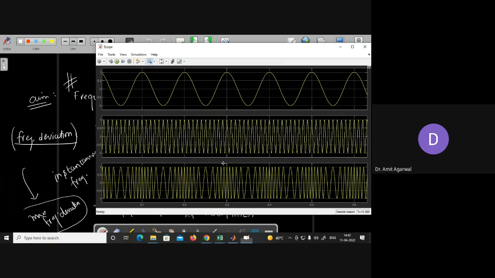It means when your m is positive at this point, see the cycles, the modulated signal is quite dense, and then it will start decreasing, and when m(t) increases again, your frequency modulated signal becomes denser, and at this point it will be most dense, right? And then again it will start becoming sparse.